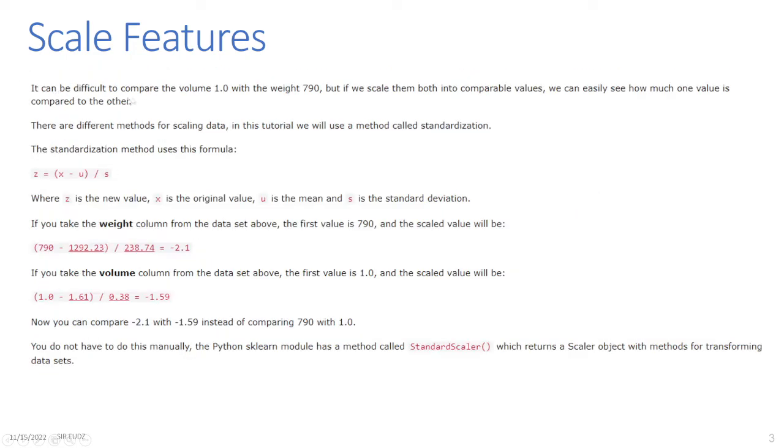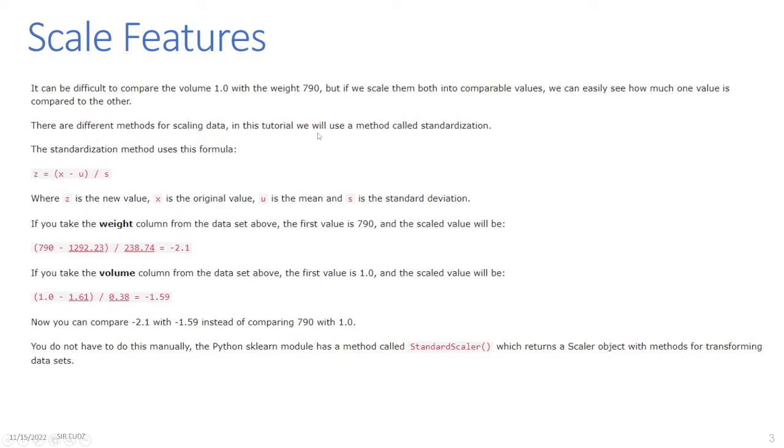It can be difficult to compare the volume 1.0 with the weight 790 because the values are far from each other. But if we scale them both into comparable values, we can easily see how much one value is compared to the other. There are different methods for scaling data.